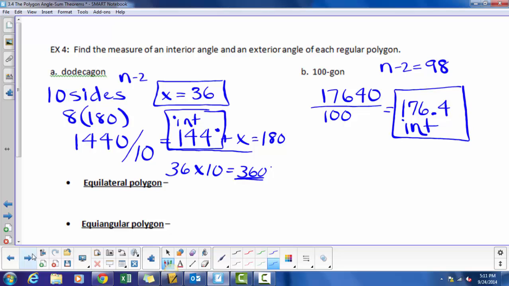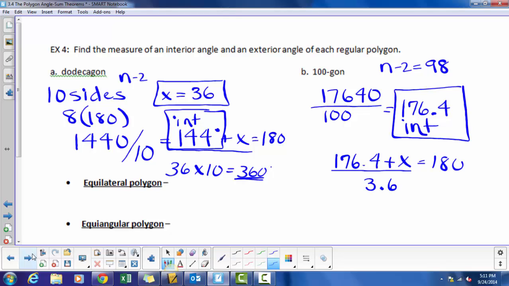I need to remember that the interior and the exterior angle add up to 180. So 176.4 plus x equals 180. So 180 minus 176.4 equals 3.6.